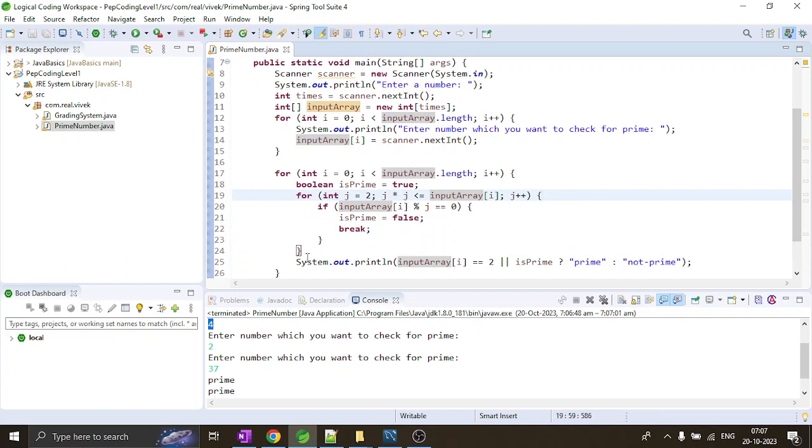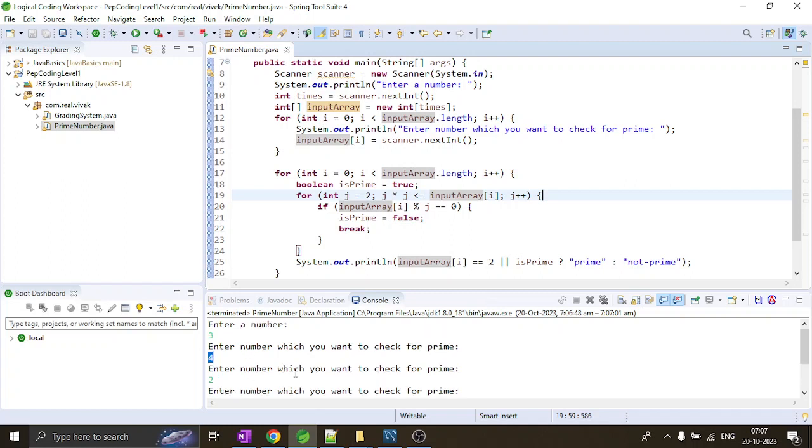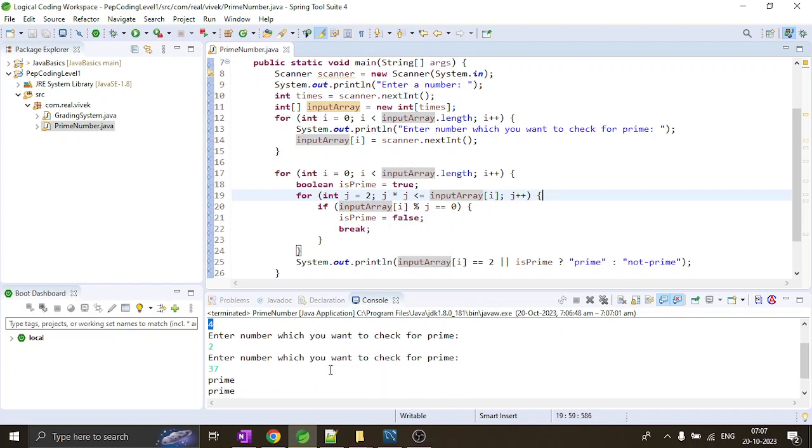Okay, so let's try running it once again. Not sure why we have got 4 as prime. So 4 will come in here, so it will start with 2, right?